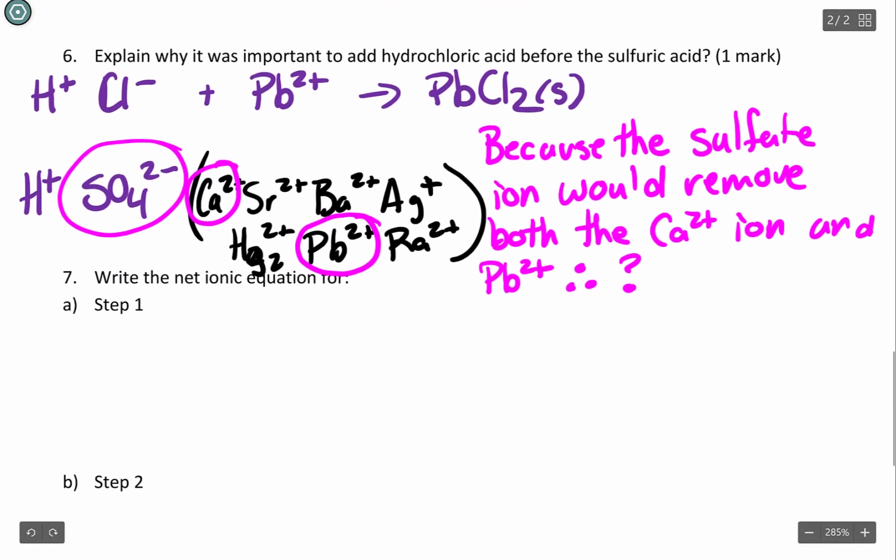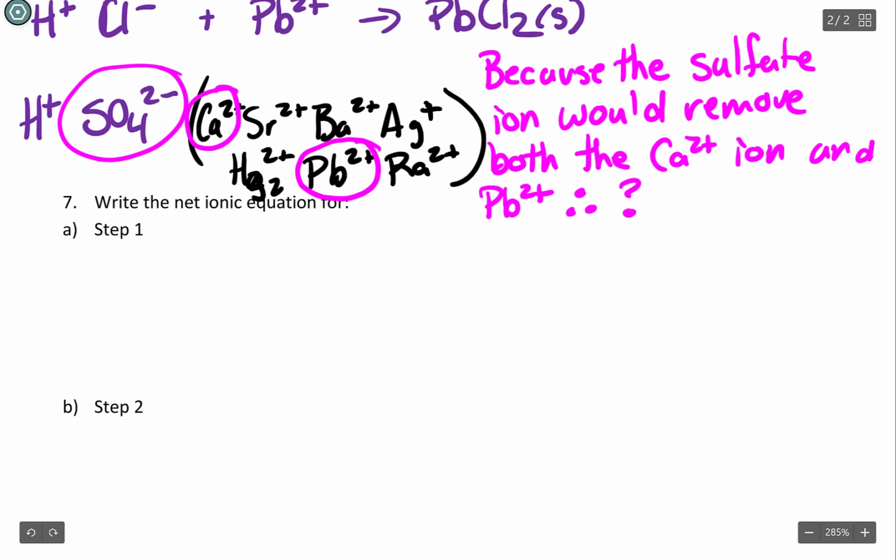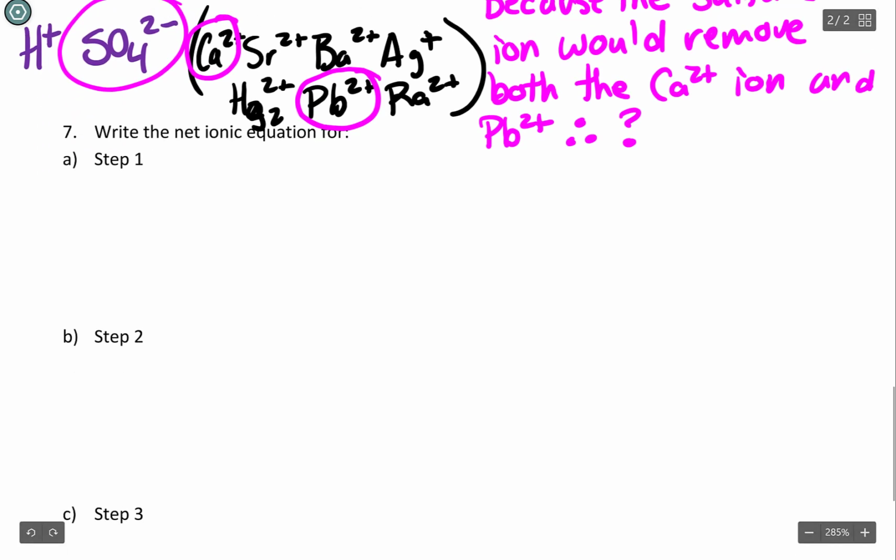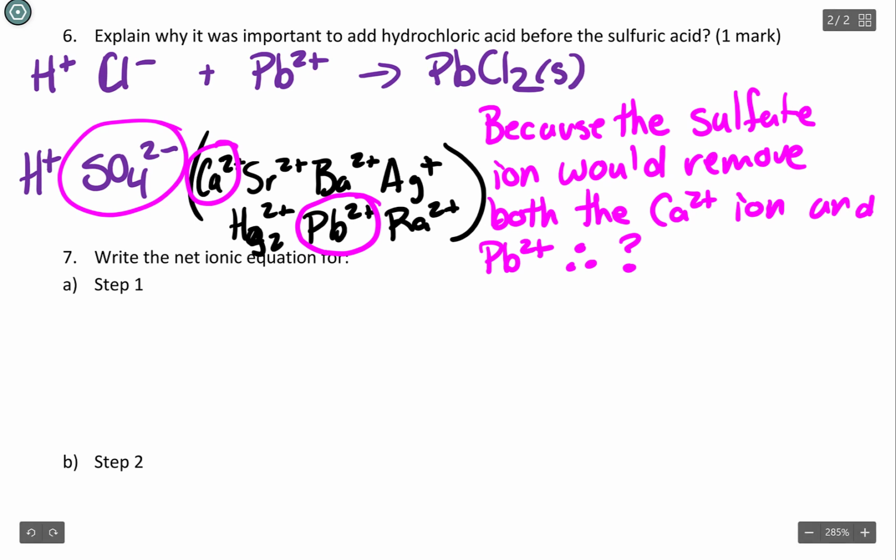Okay, so next we're working on our net ionic equations for a couple of the steps. So without having to scroll back, I can just kind of do a quick review here. In step 1, we were looking at lead being precipitated out with chloride.